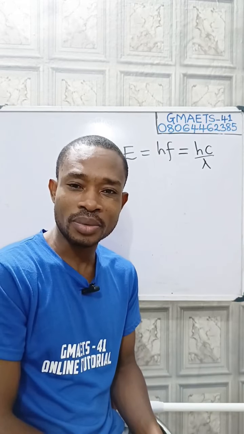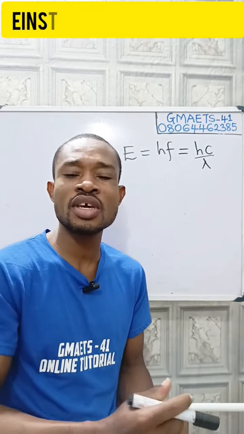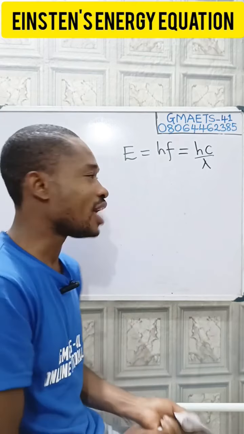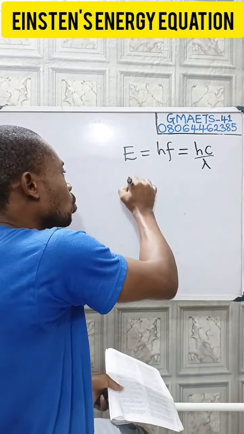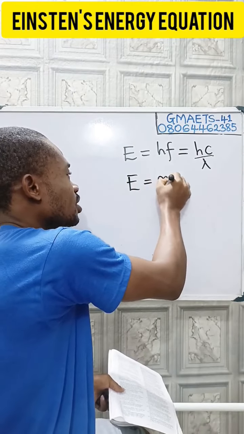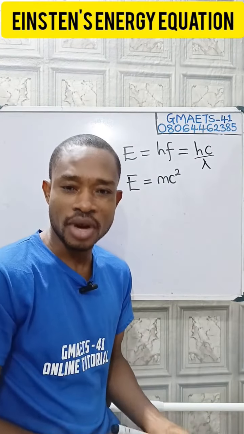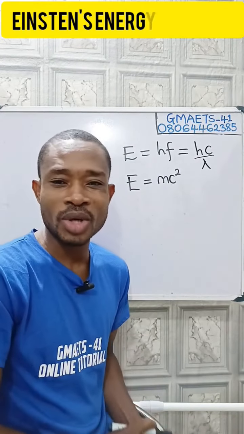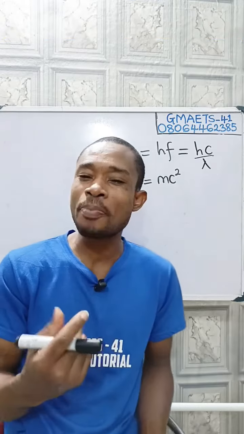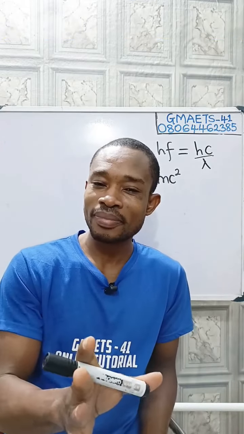Wavelength. Now, we also know from Einstein's energy equation that E is also equal to mc squared. That is mass times the speed of light raised to power 2. When you talk about something that is a particle, that thing has mass.